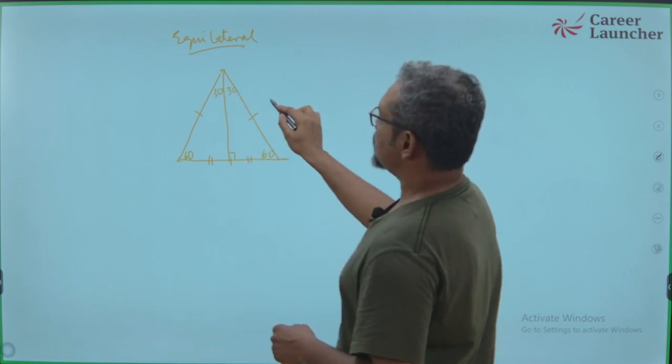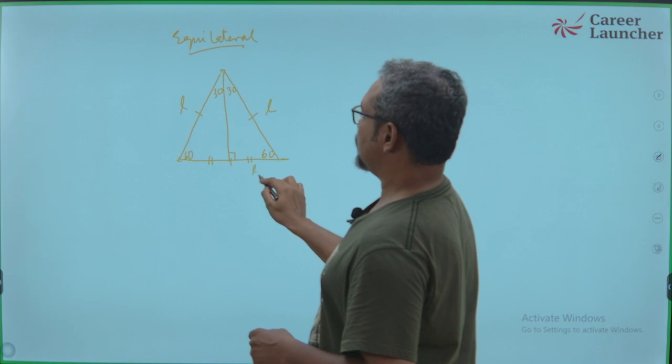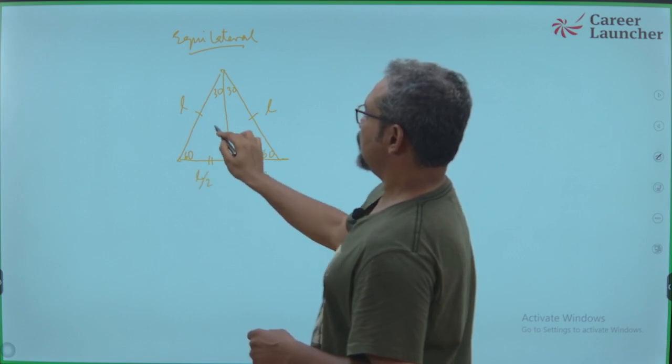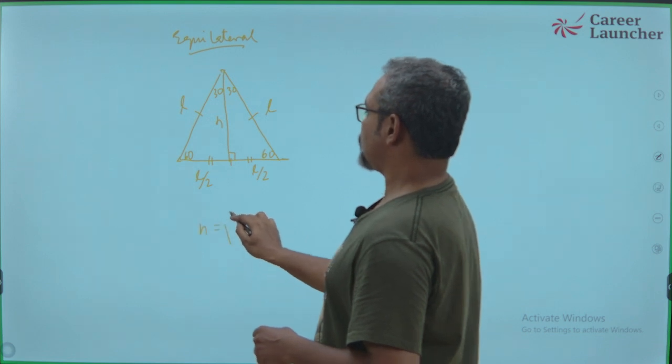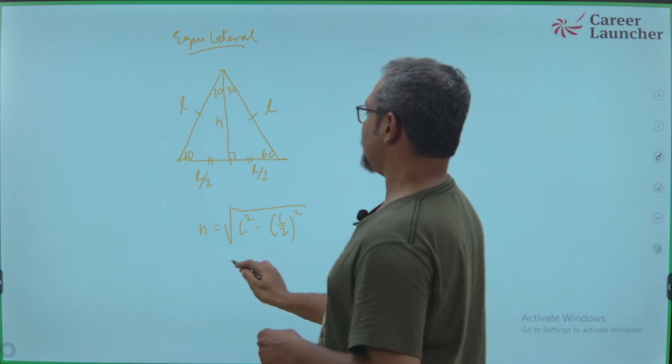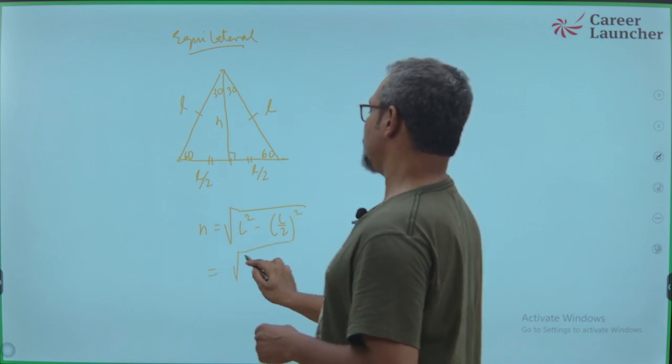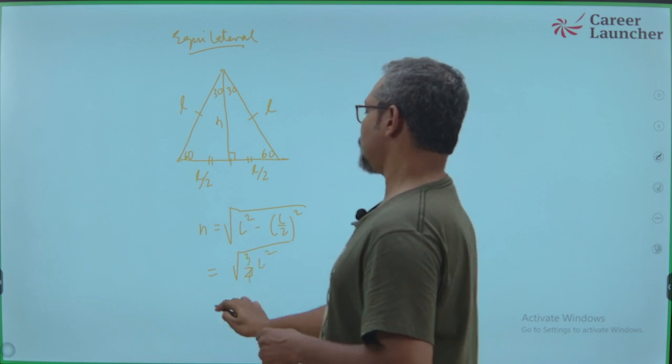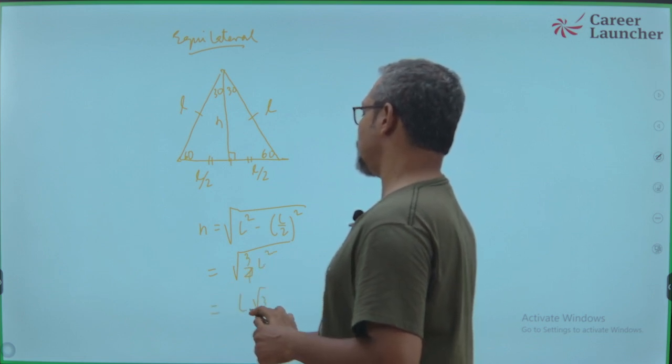So if I have the sides as L, then this will be L over 2 and my height becomes square root of L squared minus L over 2 whole squared, which will come out to be L root 3 over 2.